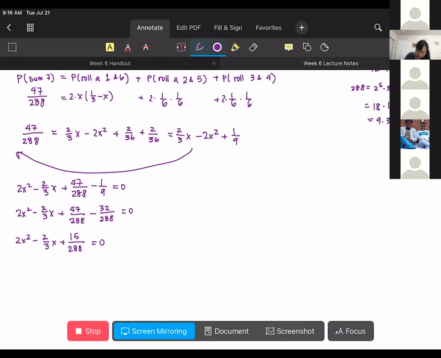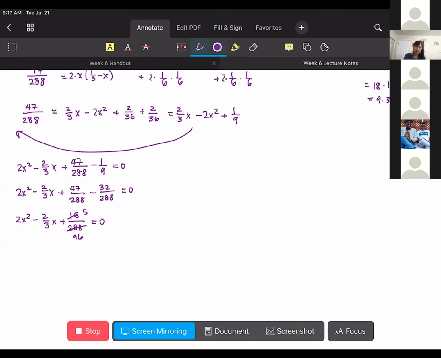All right. So we can actually simplify 15 over 288. It's divisible by 3, so this will give us 5 over 96. Cool. So usually I like to get rid of fractions when I solve quadratic equations. So maybe we can multiply both sides by 96.